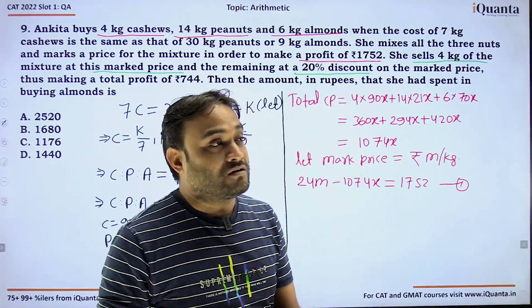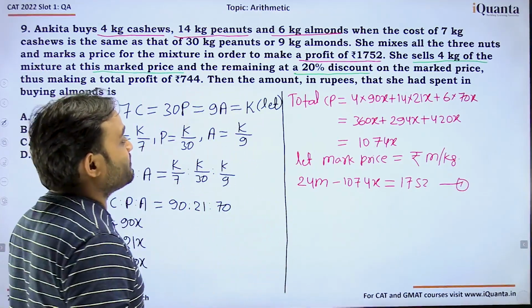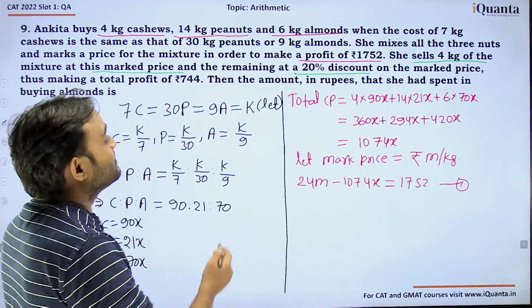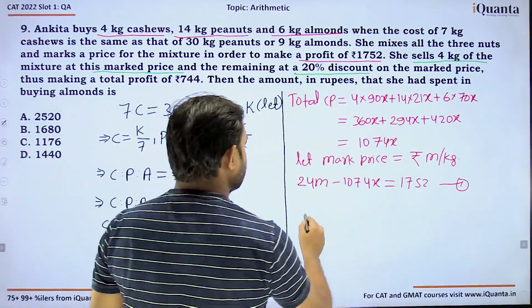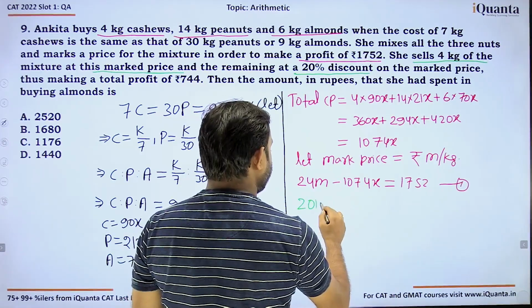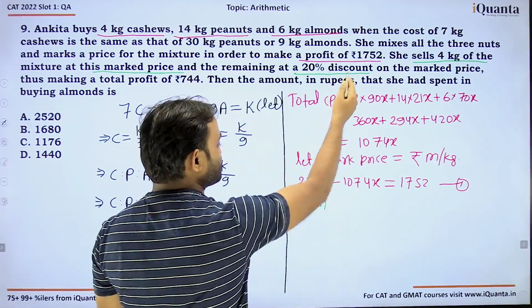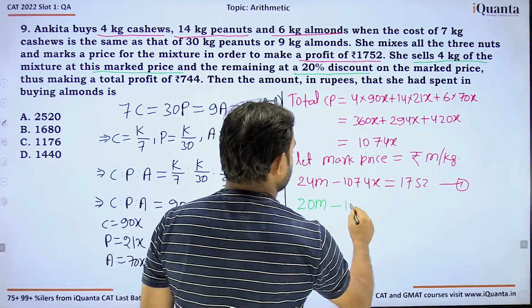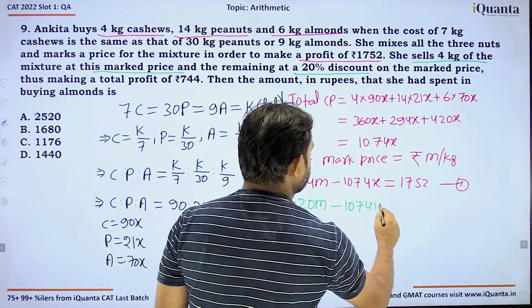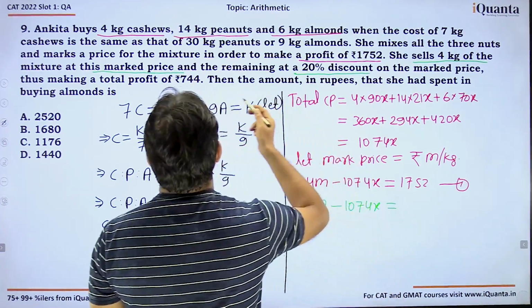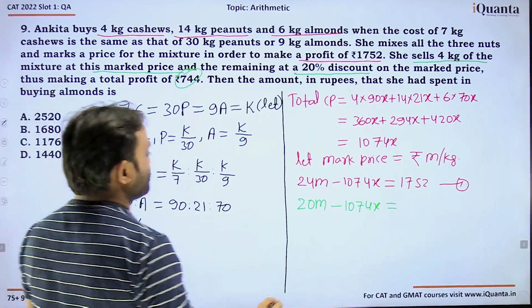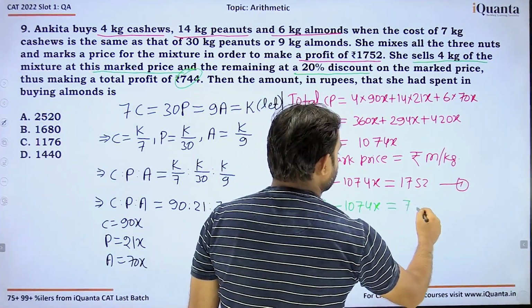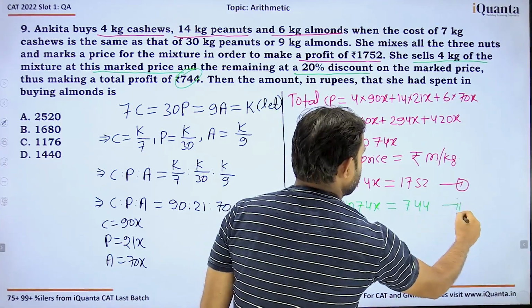So the overall selling price in this case will be 24m minus 4m, which is 20m. This will be the total mark price as per the second condition, minus 1074x, equal to what's given here: a total profit of only 744 rupees. This is our second equation.